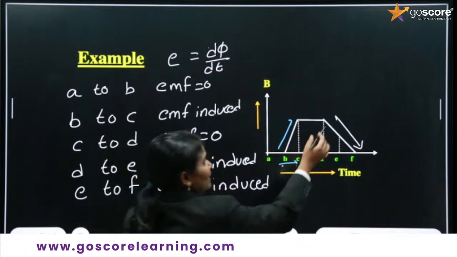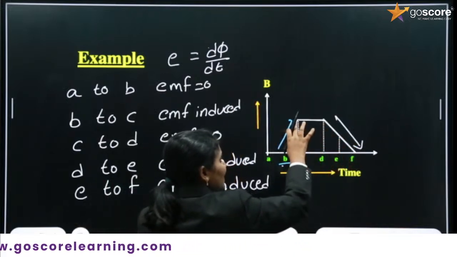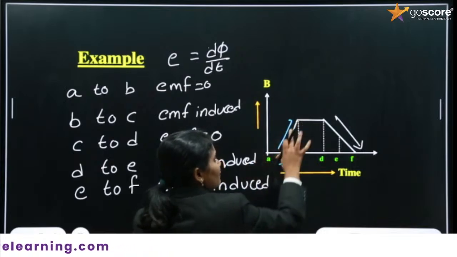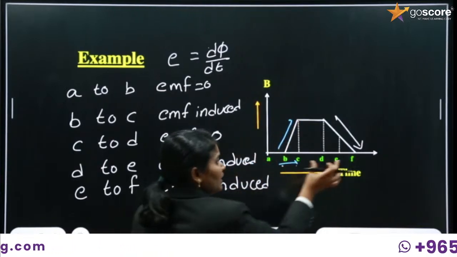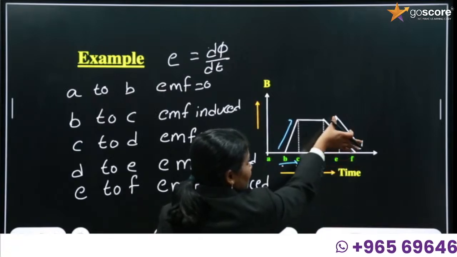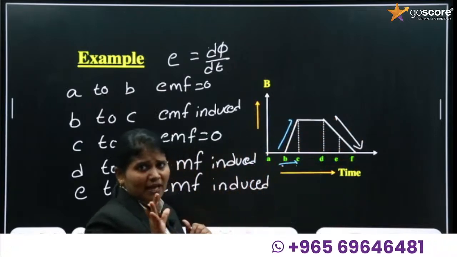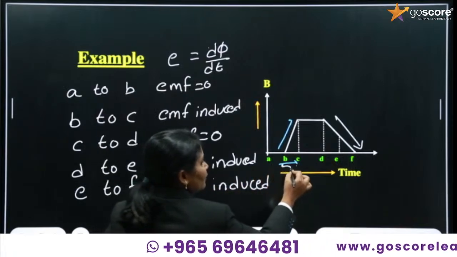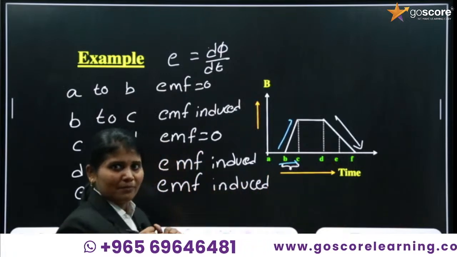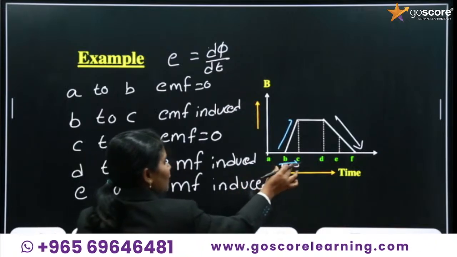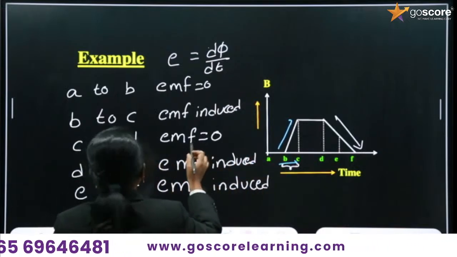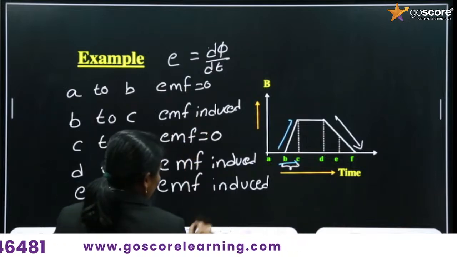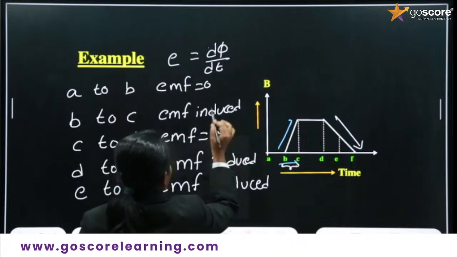That's why the magnetic field is also changing, but here what is happening? In less time period, we are getting the change in value. Here it takes more time to give the change in value. So at this particular point, we are getting the maximum EMF.